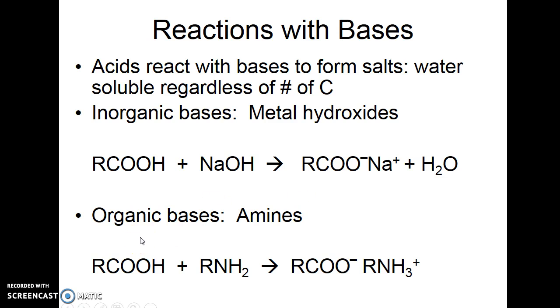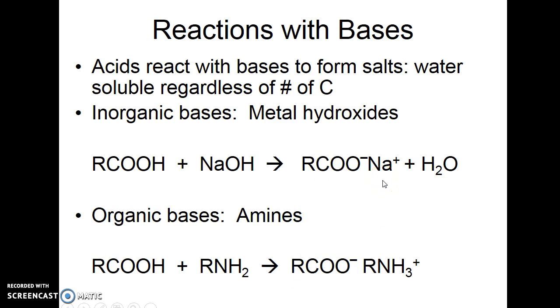But organic acids will react with organic bases too. We haven't really seen this reaction much. If we have, we haven't emphasized it much so far. But realize amines are bases and carboxylic acids are acids, so they react together. When they react, all you have is proton transfer, and you form a salt. It's just not like the inorganic salt up here.